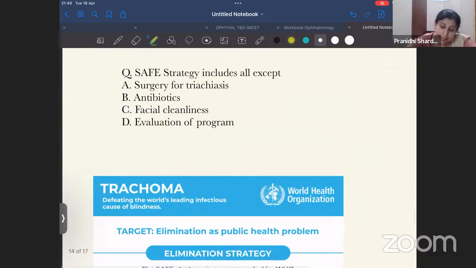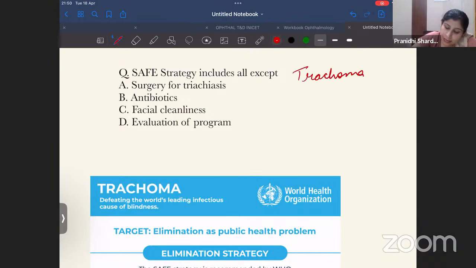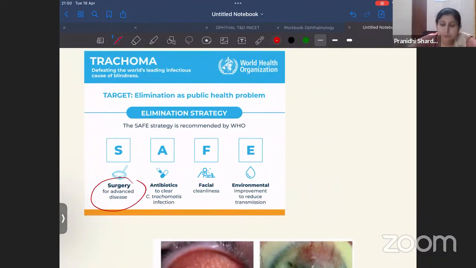Next is: the SAFE strategy includes all of the following except. Firstly, we know that the SAFE strategy is used in the treatment of trachoma. As per WHO guidelines, S means surgery for trichiasis, because there is misdirection of eyelashes seen in trachoma. A is antibiotics; azithromycin is the drug of choice.